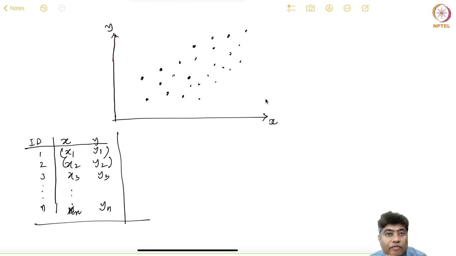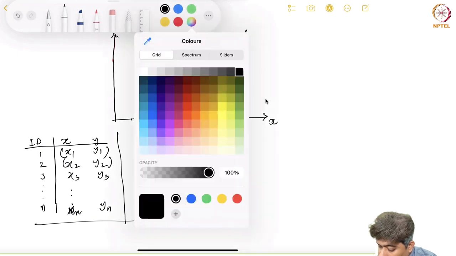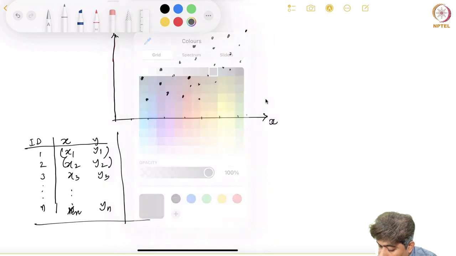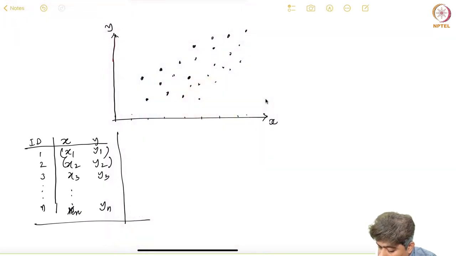Suppose this is the data that we have. If we just want the distribution of x, we will ignore the y values, create the bins, and see how many points are there in each bin, and based on that we create a histogram.